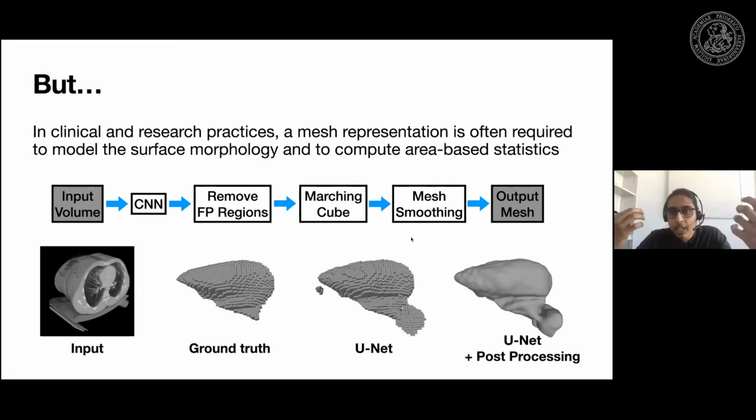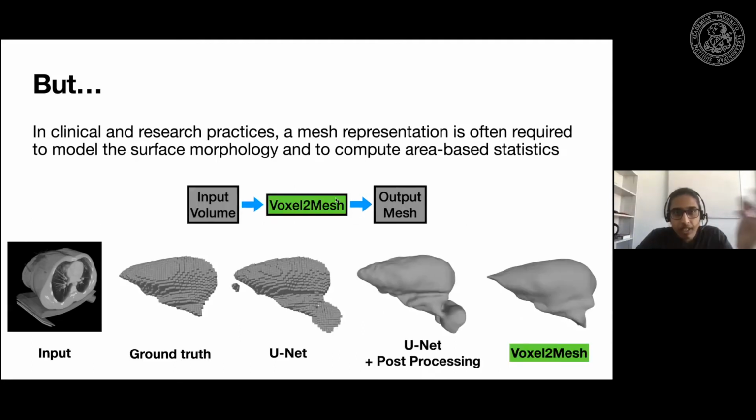And if we can do this, we can build more and more complex systems which are end-to-end trainable. So here we present the idea. We take input volume, we have Voxel2Mesh, which outputs the mesh. So here is a result from the Voxel2Mesh architecture.